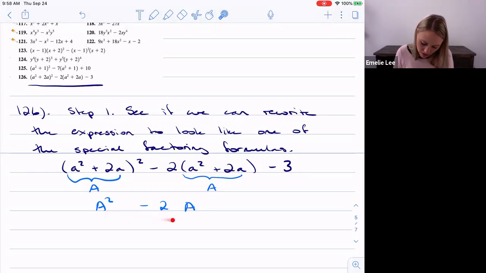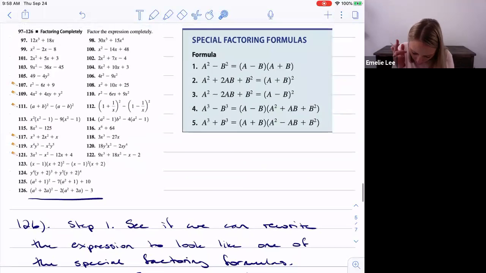But if I start and look at what I've got, a squared minus 2a, well, a squared minus b squared, that's out, not an option. A squared plus 2ab doesn't really work, but the a squared minus 2a, we're off to a good start, right? And then of course, if we look at the next two, they don't work, right?